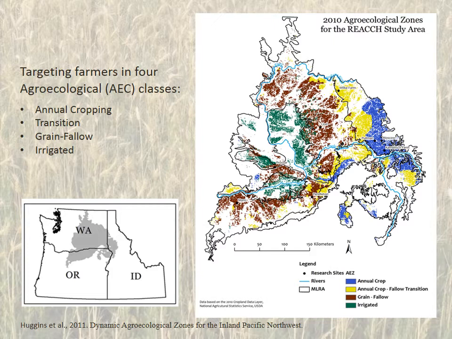So we have the grain fallow in the brown. The transitional, as I'm going to refer to it, is the class between the annual crop and the grain fallow, the zone where you start seeing fallow in the rotation. And then the blue is our annual cropping region.